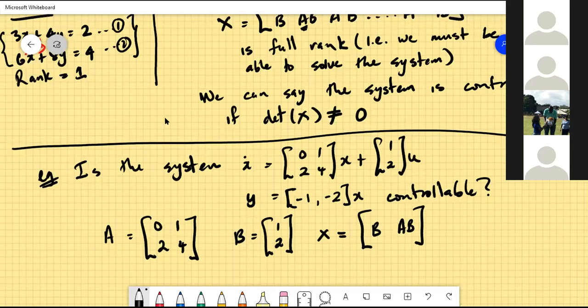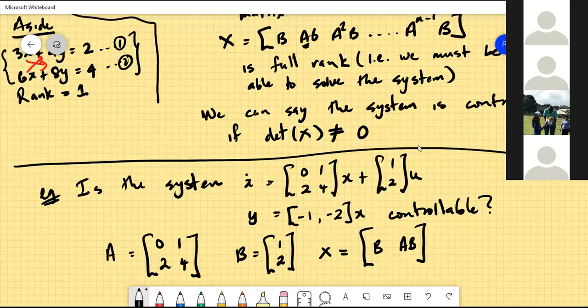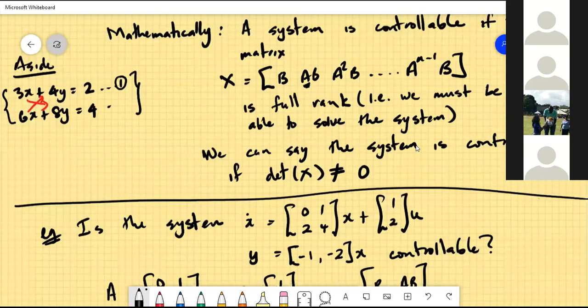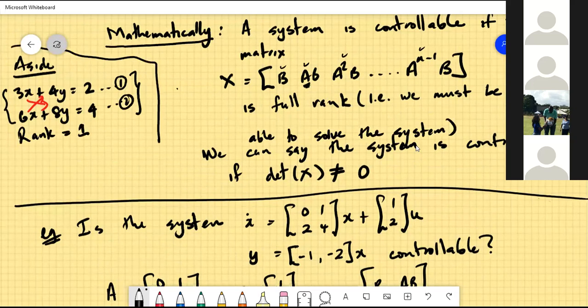So what we have up here is that we go B, AB, A squared B down to A to the n minus 1 B, because if it's a 10 by 10 matrix, then we need to have 10 terms inside that bracket. All right.